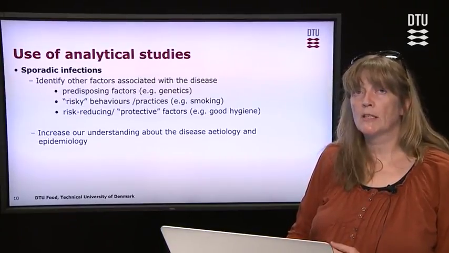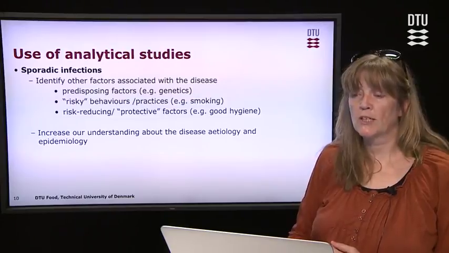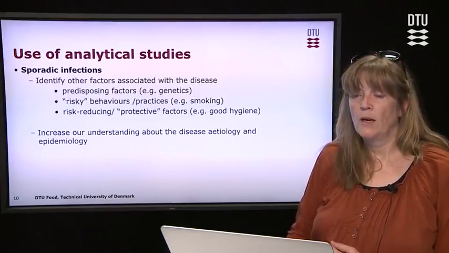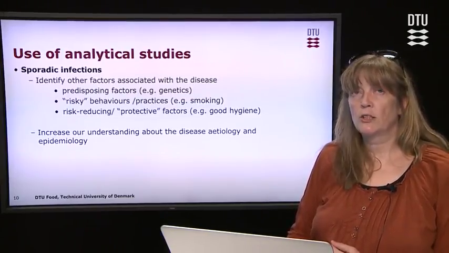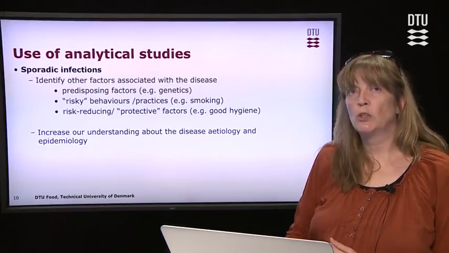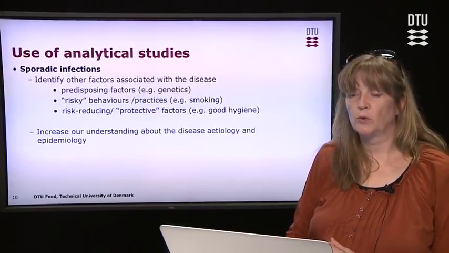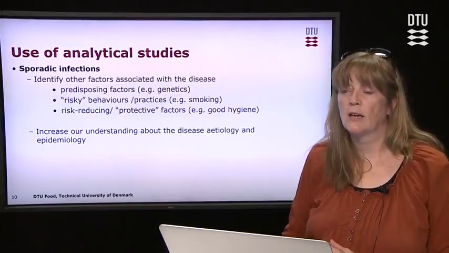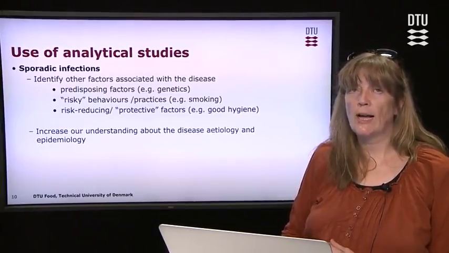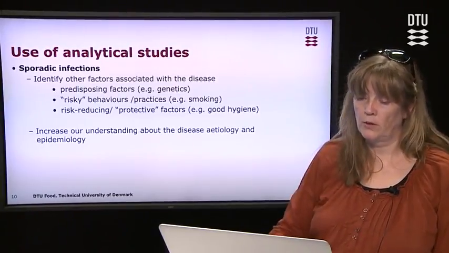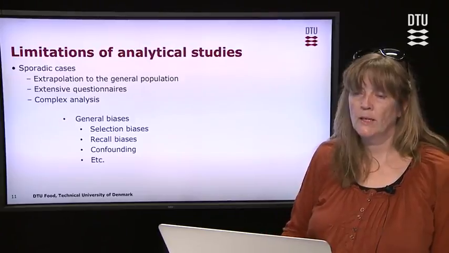We can also identify risk-reducing or protective factors. So analytical studies for sporadic infection are not only used to identify food sources, but also to increase our understanding of the disease etiology and the epidemiology of the infection.